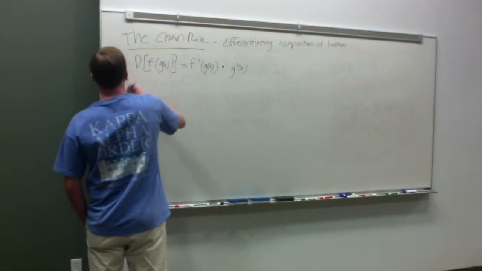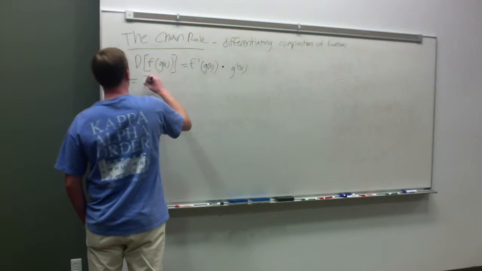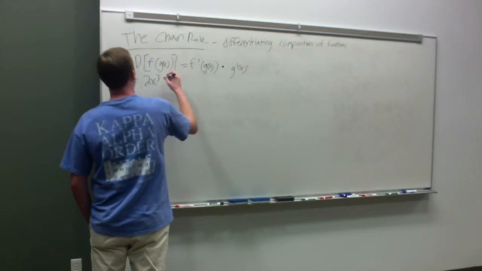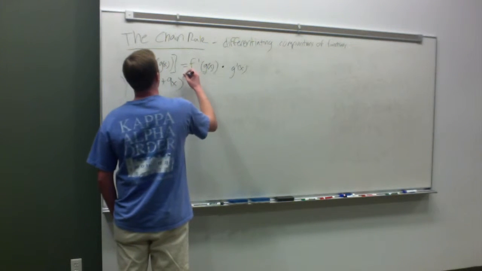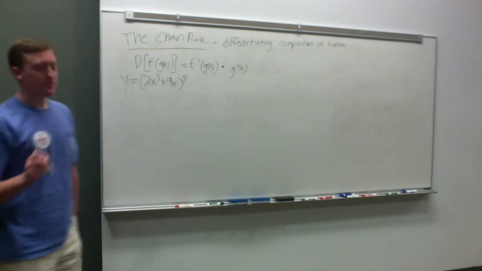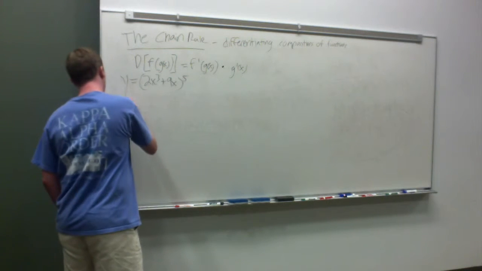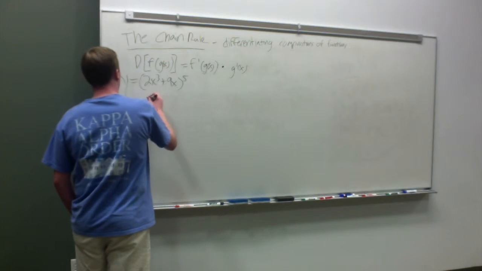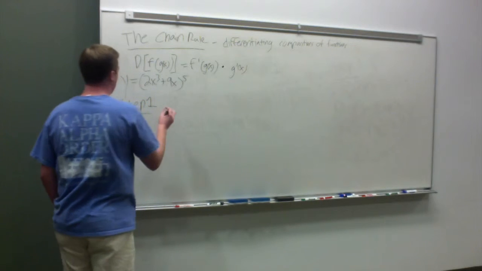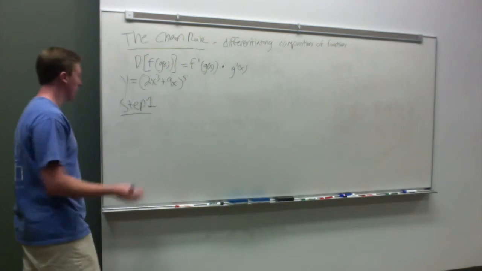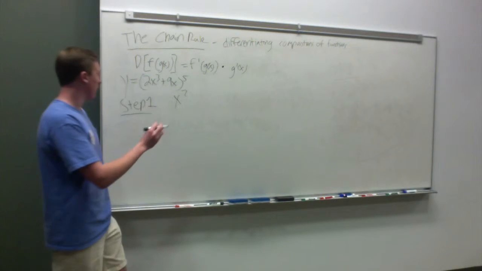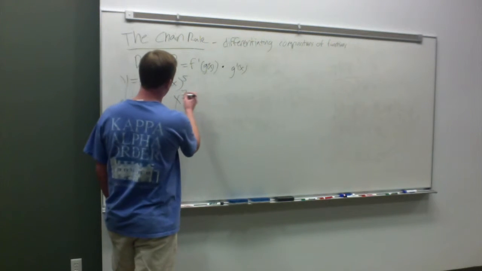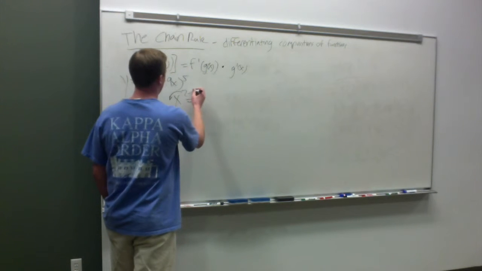In our case, that's going to be y equals (2x to the third plus 9x), all to the fifth. Now, step one, all we are going to do is take the derivative of this. And that's simply, just much like x squared, all we're going to do is bring the 2 down over here and subtract 1 from the 2.